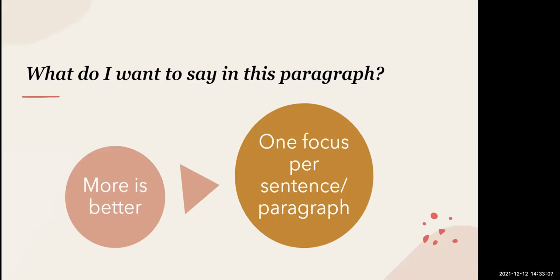And next we have, what do I want to say in this paragraph. Sometimes we think that the more information we give, the better. But we also need to bear in mind that one focus per sentence or paragraph would be so much better, because that's when we have more time to elaborate.